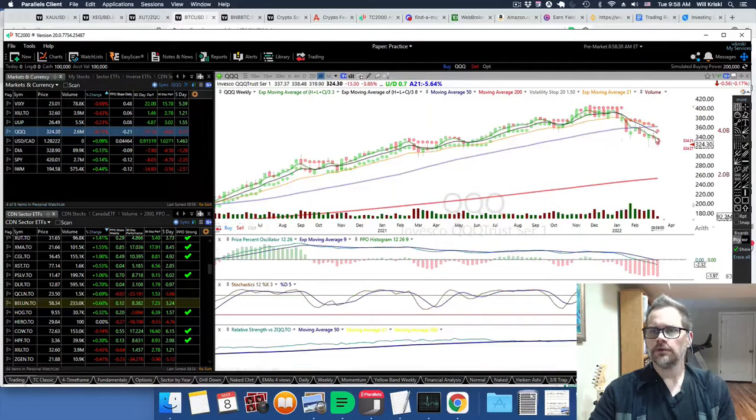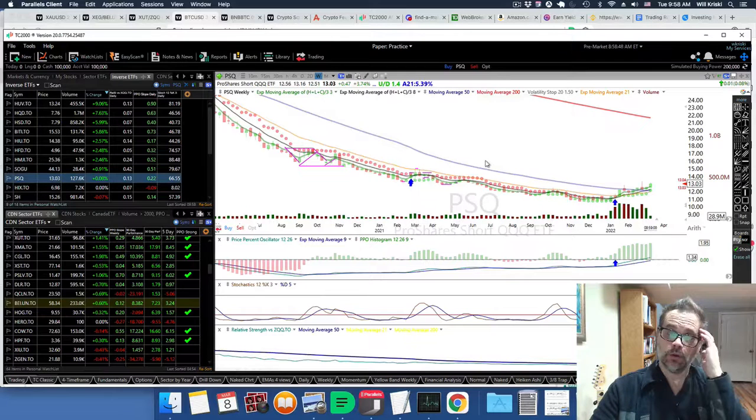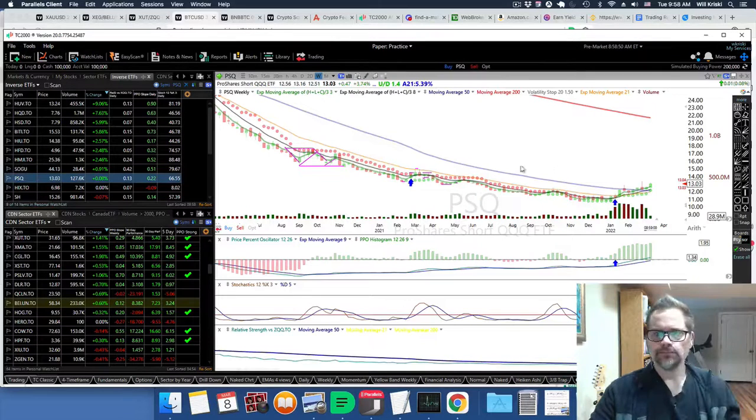If you want to get involved in the NASDAQ, but on the short side, I've got another watch list called inverse ETFs, and there's an inverse ETF called PSQ, and you can see how nice it looks when you look at the inverse.